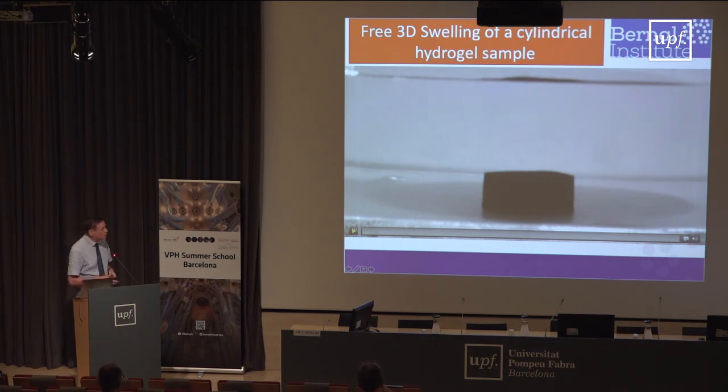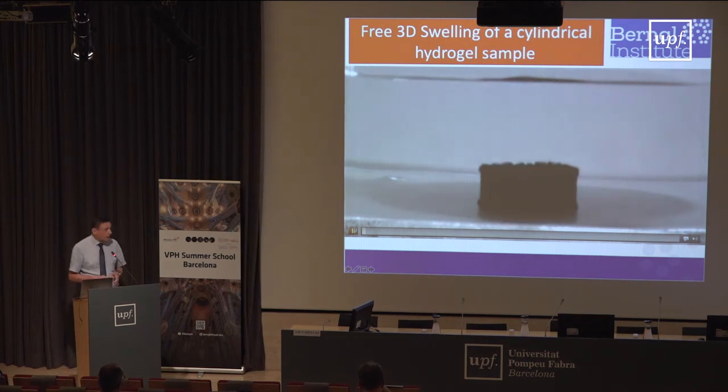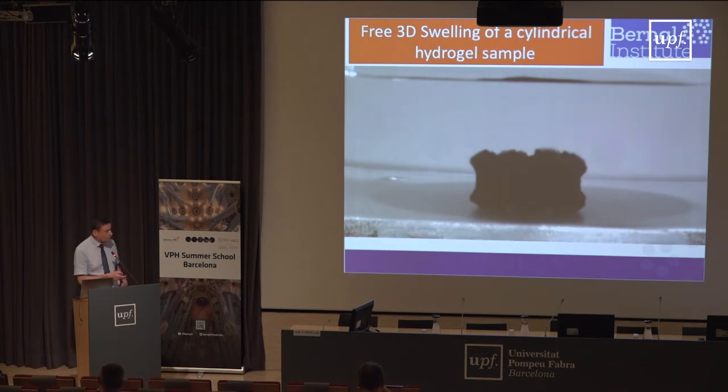To illustrate this even a little bit better, I can show you another video of a gel of a cylindrical form, and we move it from high salt concentration to low salt concentration, and then it starts swelling. It develops surface instability, which you can see very clearly because it starts with a cylinder.